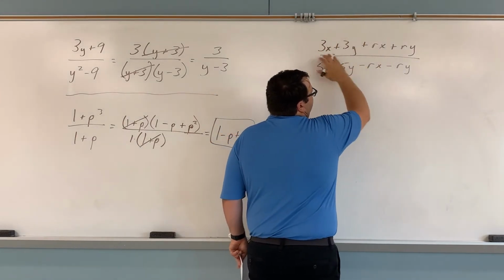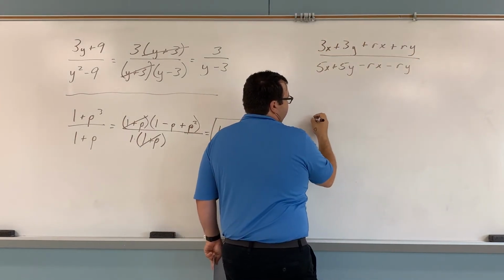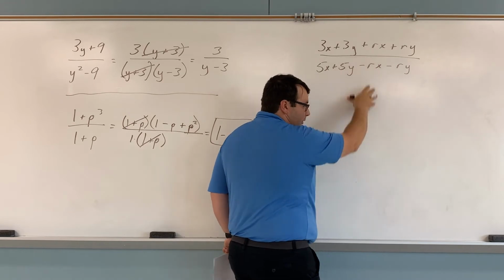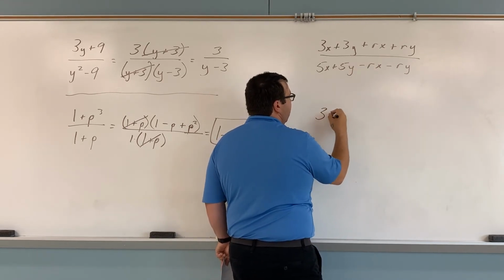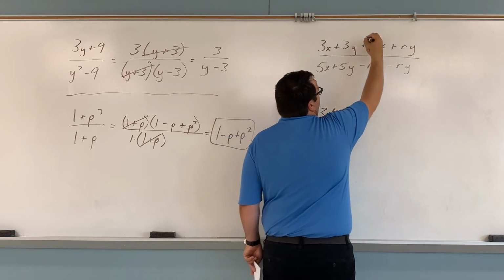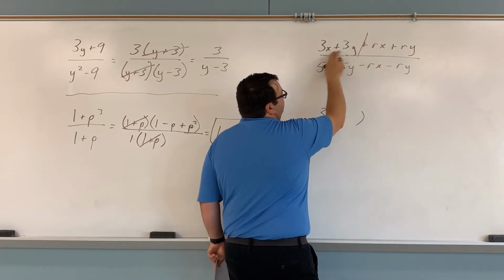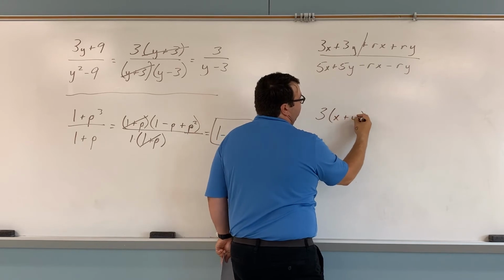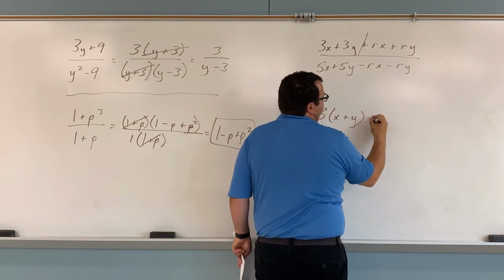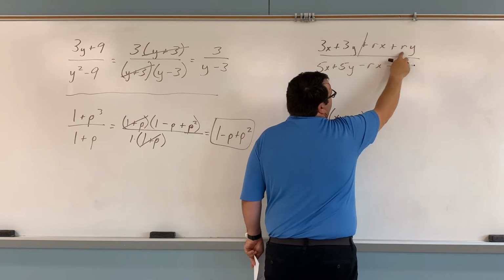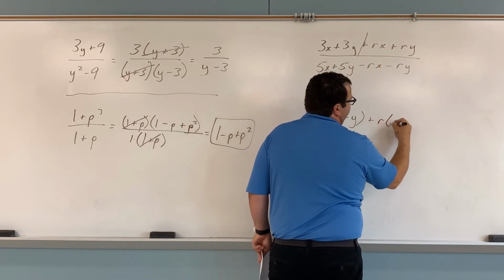So I'm going to look at just this numerator first. Because this is a longer problem, I am going to work vertically just to show a difference in how I can work. So I can factor that first half, cutting it in half with a 3. I'm left with x plus y. On this side, I don't want to change my sign, so that's plus. I can factor out an r here, and I'm left with x plus y.